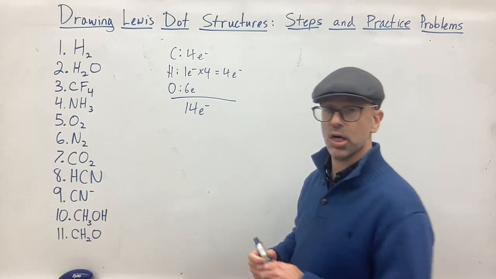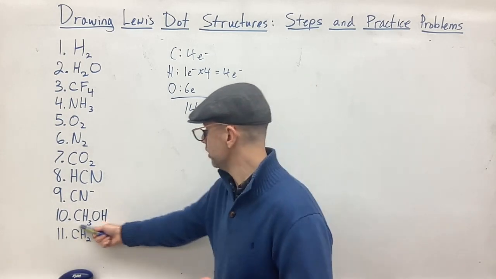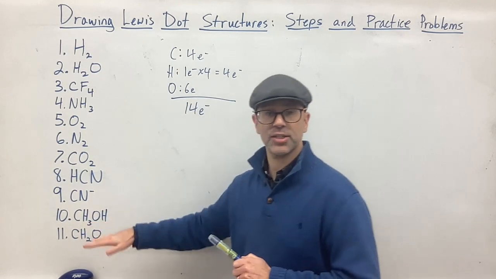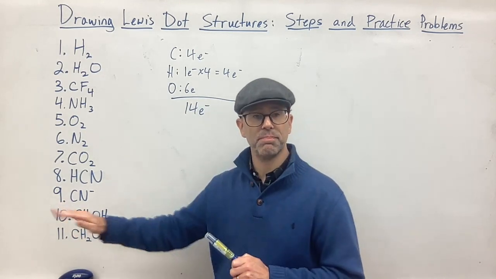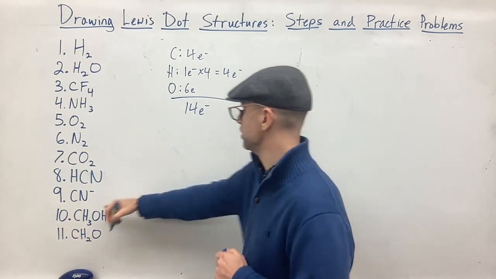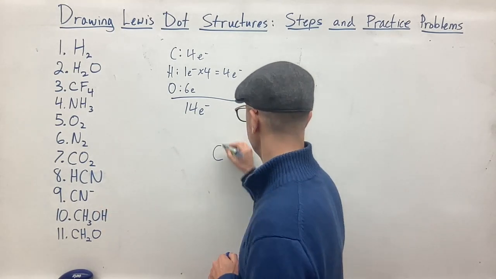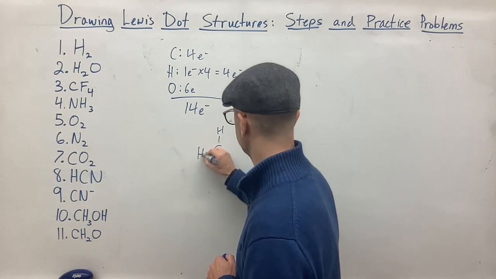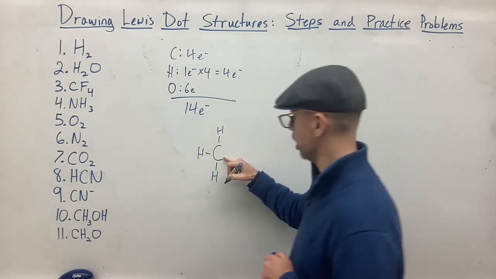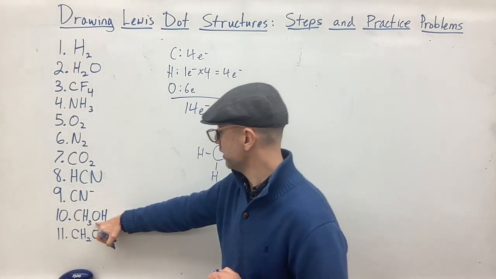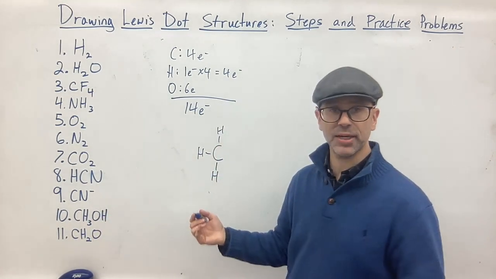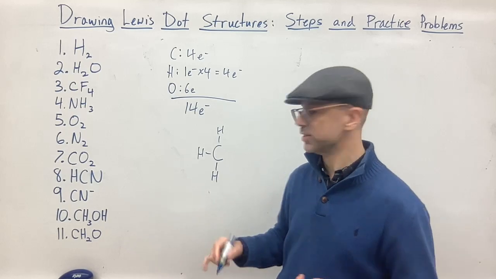So now I put my skeletal structure together and I read the formula. So I have my carbon, the 3 hydrogens, whatever follows the carbon bonds to the carbon. So these 3 hydrogens are bonded to the carbon. So 1, 2, 3. Now the oxygen can't be bonded to the hydrogen because these hydrogens are already bonded once and hydrogen only bonds once.